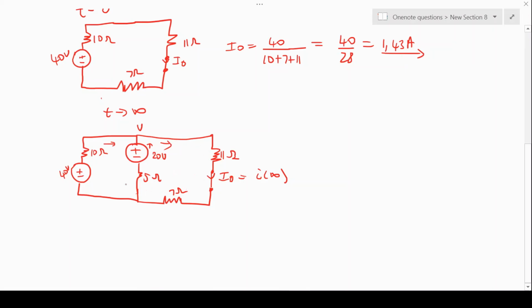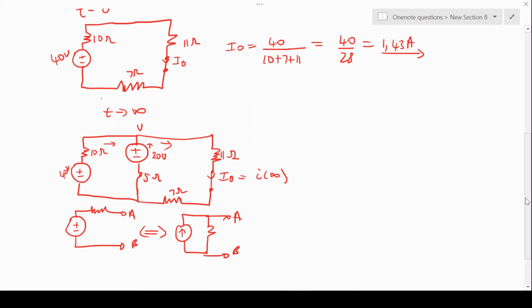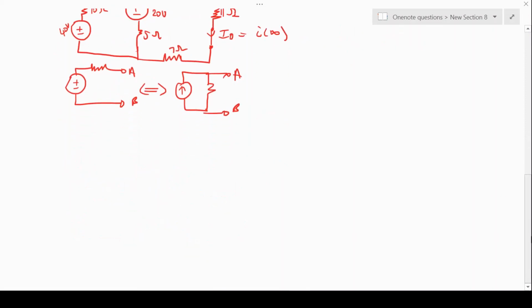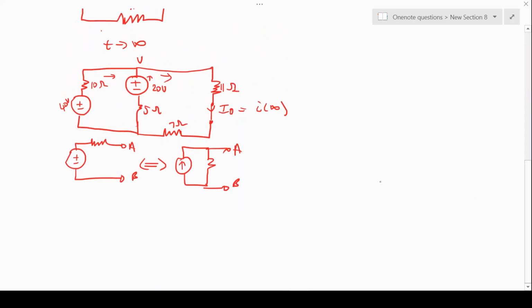Another approach which we can take is to use source transformation, which states that a voltage source in series with a resistor between points A and B can be changed to a current source in parallel with that resistor between the very same points A and B.